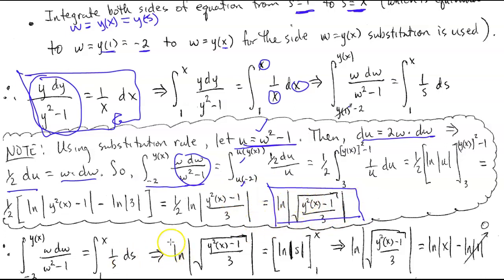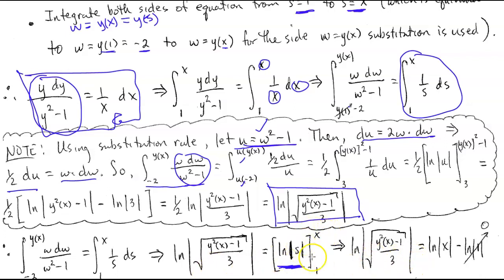Now, so we have that. Of course, this side is easy to do because it's just natural log of absolute value of s, and we evaluate it from 1 to x, and so you see that that's there.